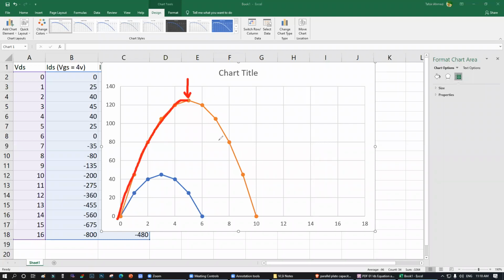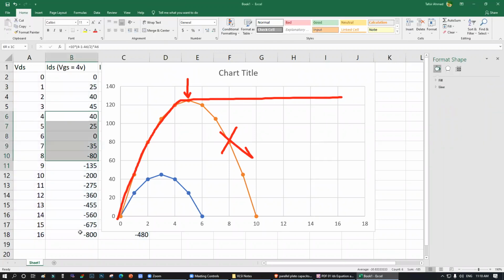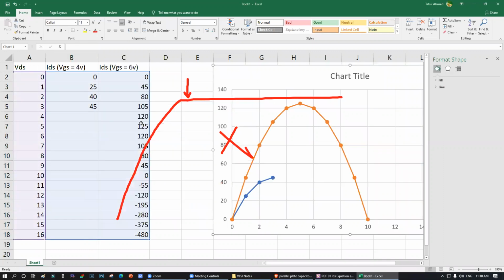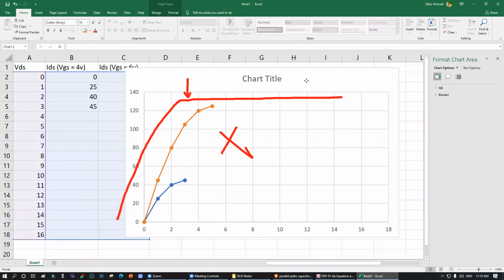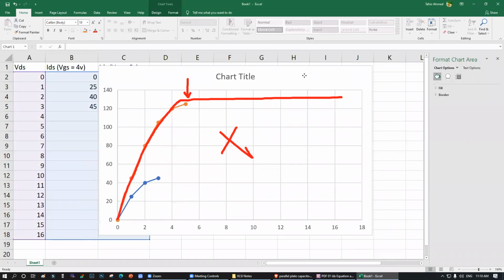After this point, it should be saturation. So this equation is no longer valid. So what I can do? I can subtract this, or I can delete this. Okay, got my point? Everyone see this?